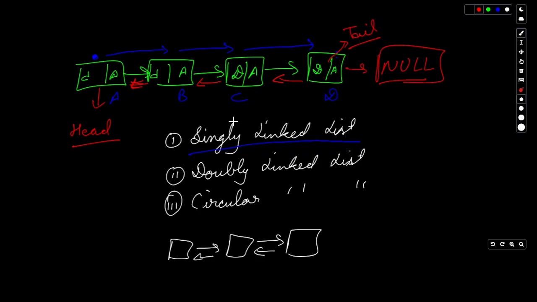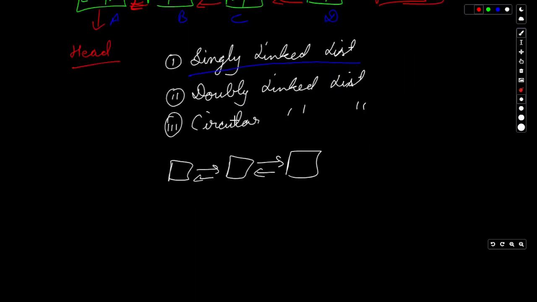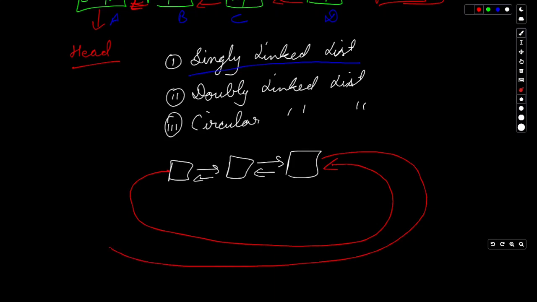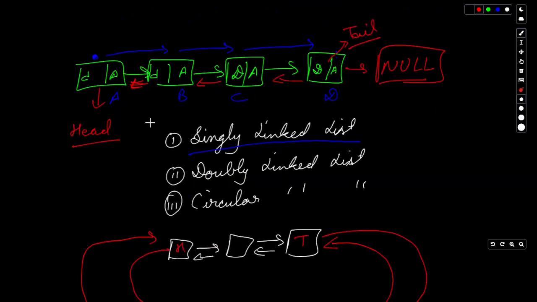To convert a doubly linked list into a circular linked list, we take our head and connect it to the tail pointer, and we take our tail pointer to the head pointer. We are connecting the head and tail within the train, and it becomes a circular linked list. So let's go into the implementation of this singly linked list, which we will be learning today.